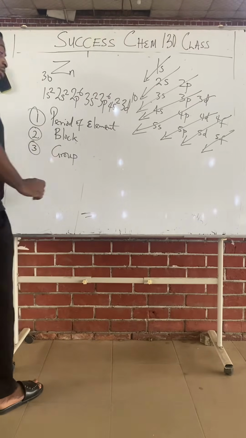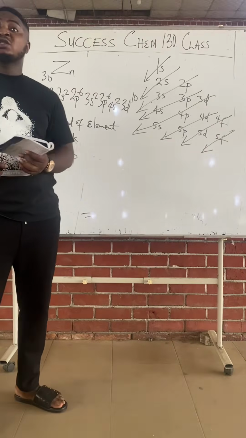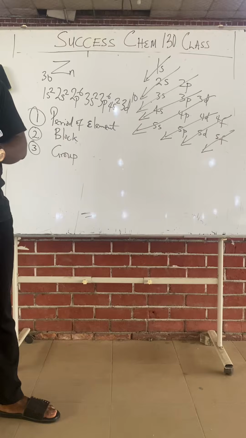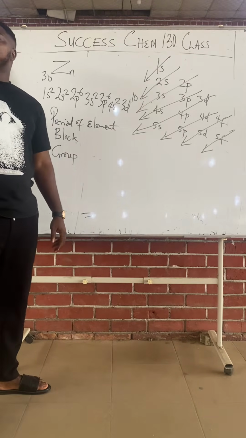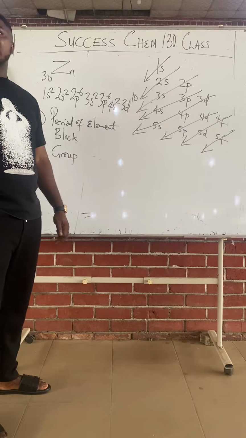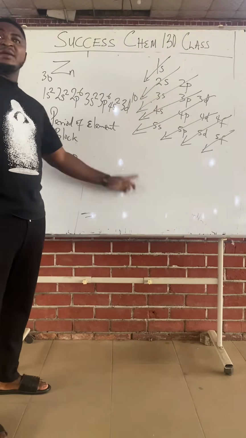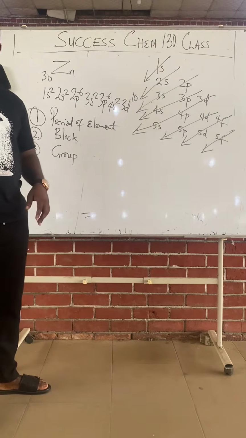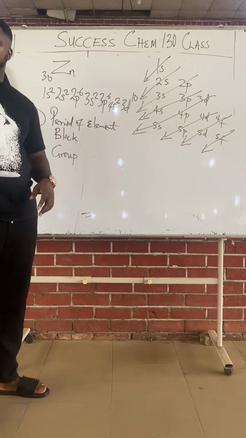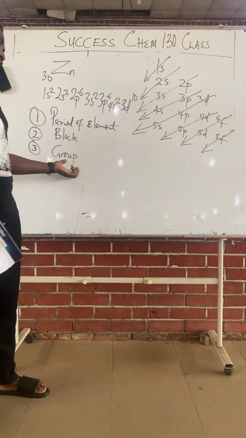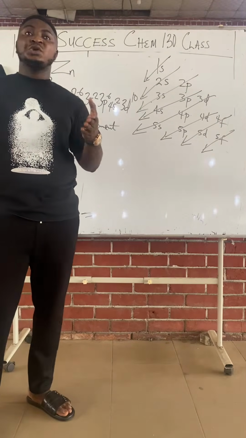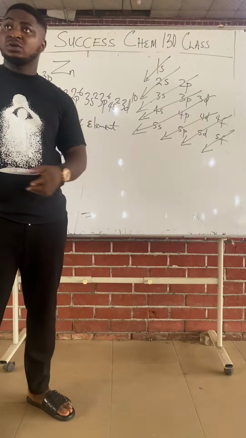These are 3 applications of electronic configuration. The SPDF configuration of an element can help us to determine the period of the element, the block the element falls under in the periodic table, and the group. So what I want to show you now is how we use this SPDF configuration to determine the period.